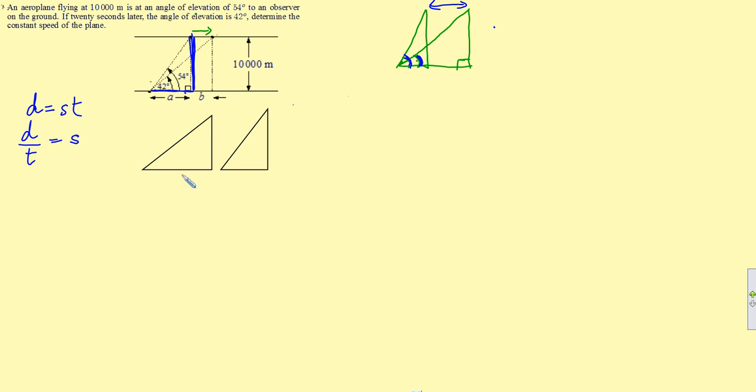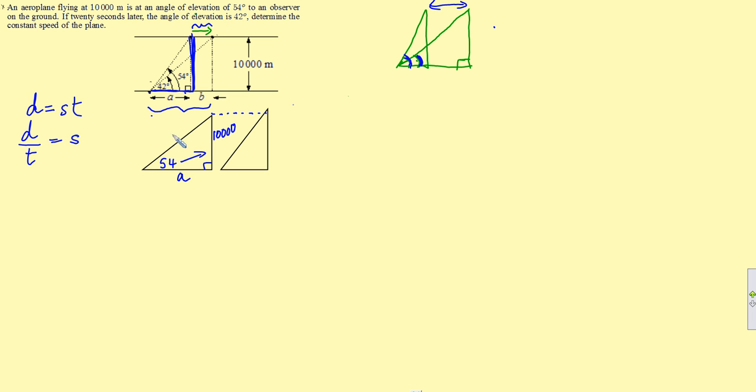So it's going to be A, and it's going to be 54 degrees, and we know that the height is 10,000 meters. Okay, so if I look at the distance that's being traveled, I'm going to find my distance first from the beginning to the end of A, then I'm going to find my distance with A plus B, and then subtract those two distances to find the difference in the distances in those 20 seconds that it changed.